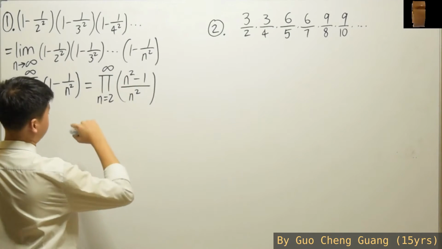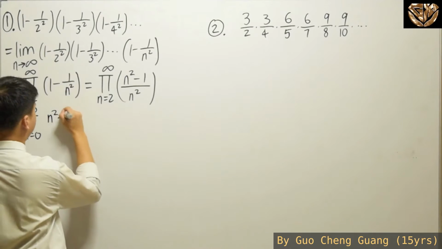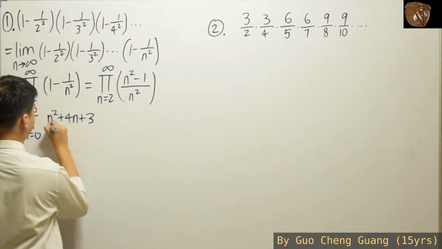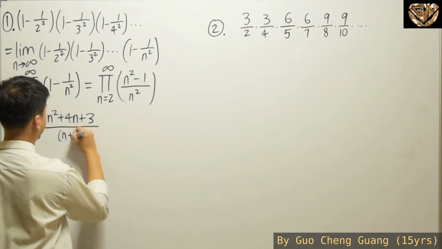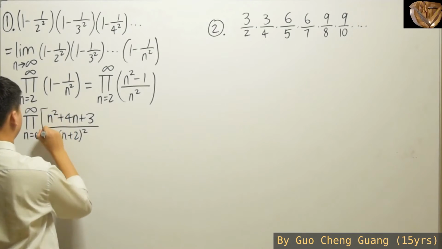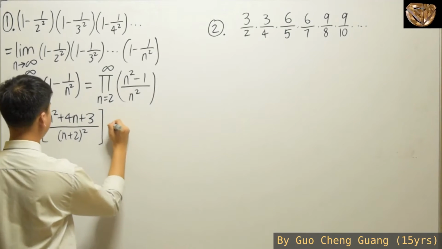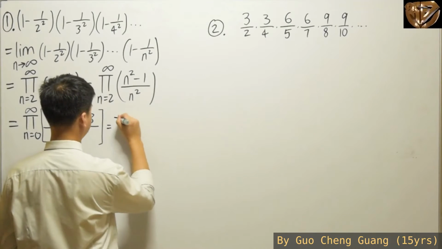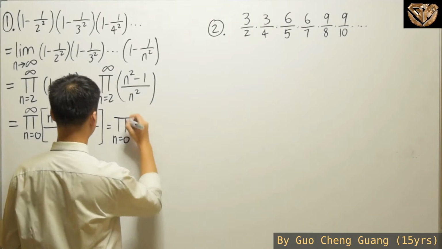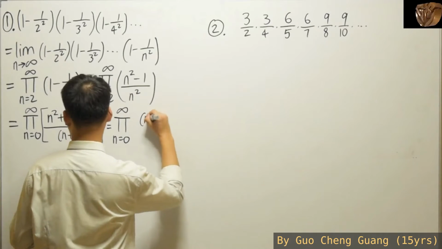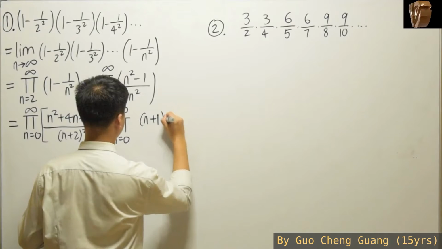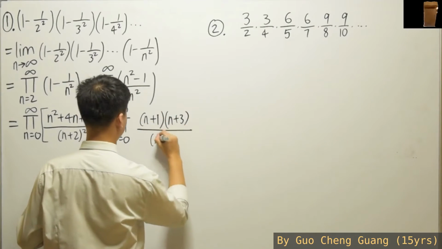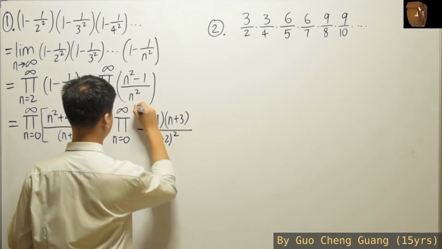In the numerator, n plus 2 squared is n squared plus 4n plus 4, minus 1, which gives n squared plus 4n plus 3. Then you divide by n plus 2 squared. Then you can factorize the numerator, and you will get n plus 1 multiplied by n plus 3, divided by n plus 2 squared.